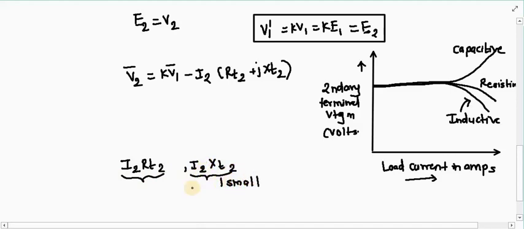For which type of load? For unity power factor load, right?